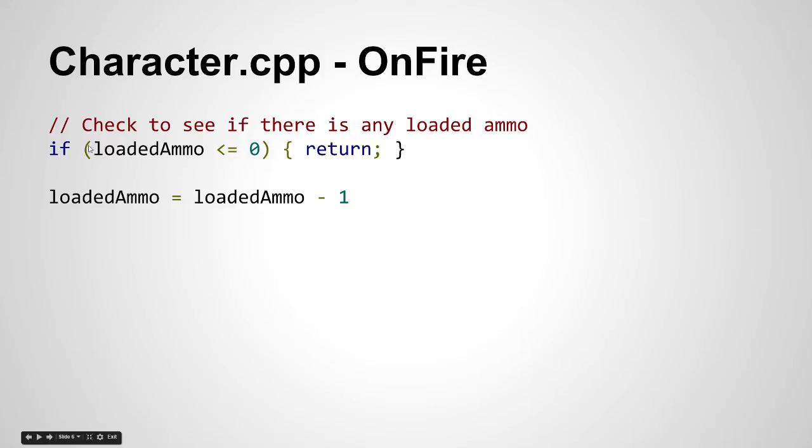We're going to check to see if there's any ammo loaded into the gun, and if not, we're going to return, which is basically just saying that we're getting out of the function. And then if it does fire and it's continuing past this, we're going to subtract 1 from the loaded ammo.